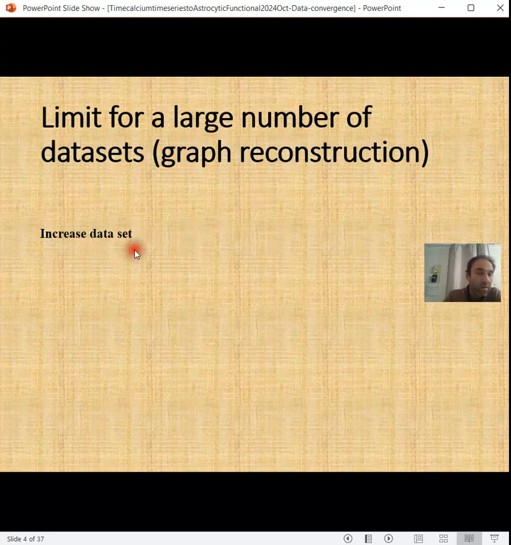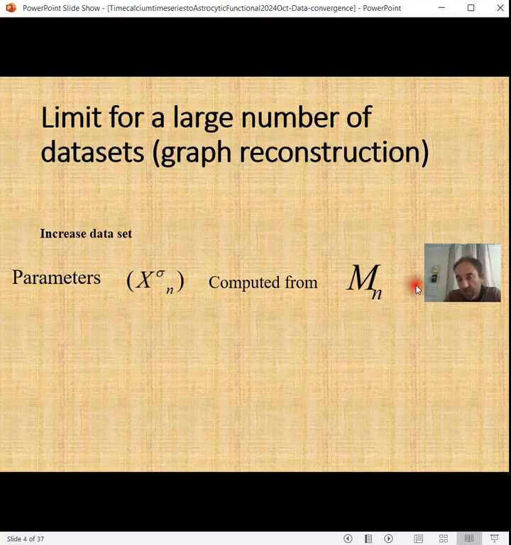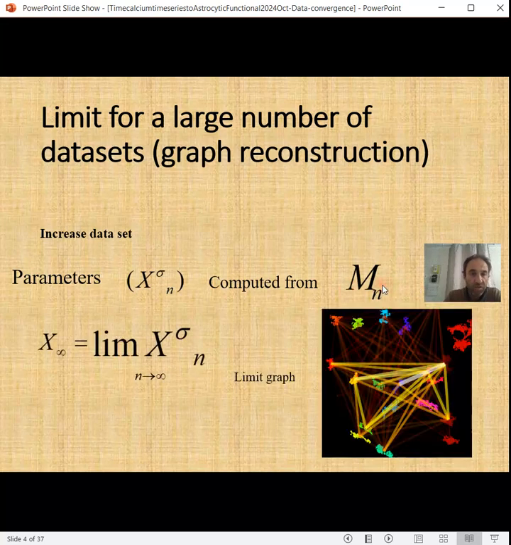So you have an increasing number of data sets, and you want to calculate variables or parameters associated to the variable. So I would call X sigma of n, that is, suppose you have an ensemble of data sets from 1 to n of any permutation, and you want to compute a quantity of interest, such as the matrix of connectivity, and suppose you take the limit when n is large of the quantity calculated over any permutation, and we suppose that there is a limit, and this limit is independent of the permutation.